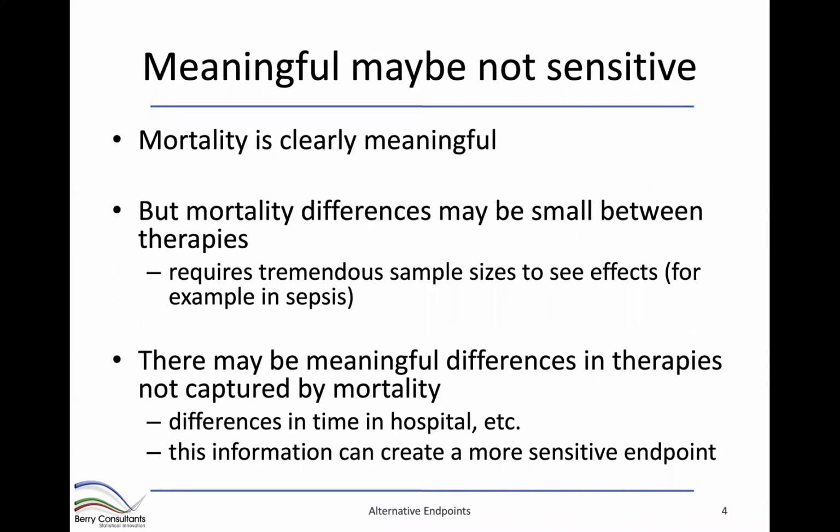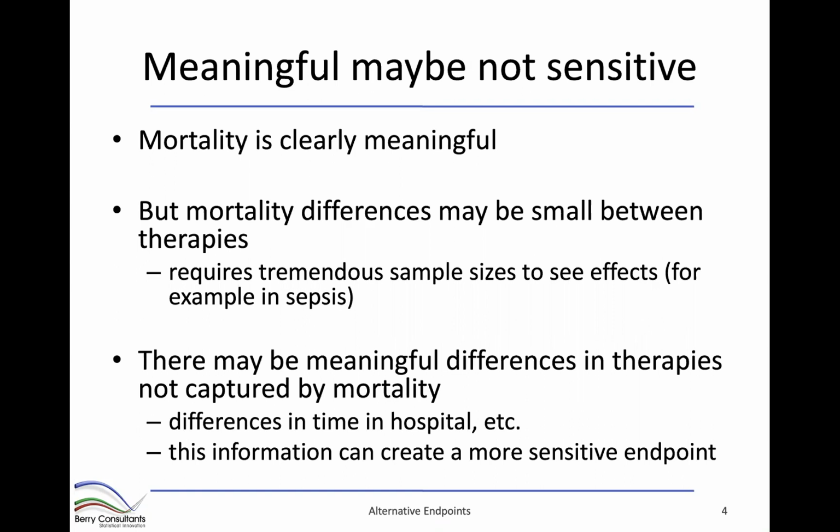You can also have endpoints that are meaningful, but not particularly sensitive. Often mortality is clearly meaningful. It's probably more meaningful than any other endpoint. But the issue is that mortality differences can often be small between therapies. For a lot of new therapies in sepsis, we're looking for survival rates to change by 5% or something in that ballpark.